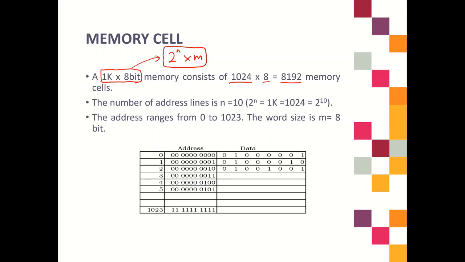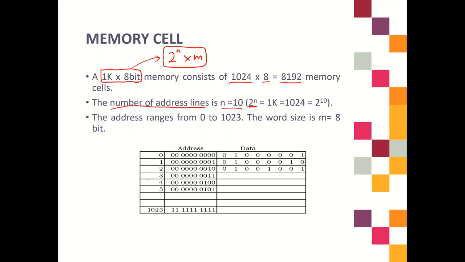And then the second one that you can find is your number of address line. The number of address line in this example is equal to 10 address line. How can you get 10? Because you need to convert 1K to this format, which is 2 power of n.